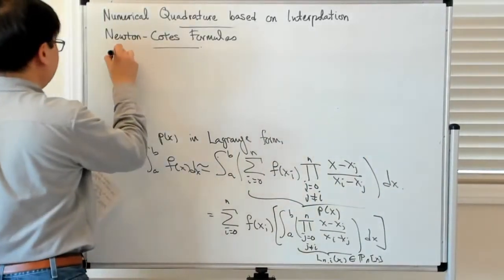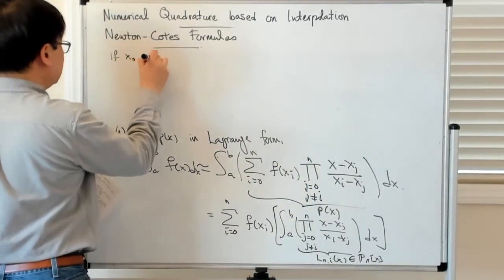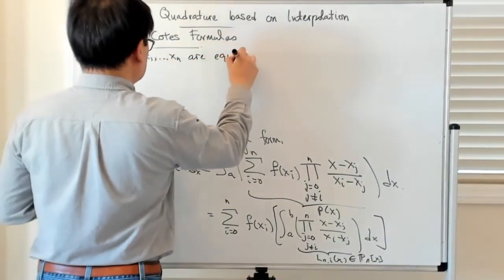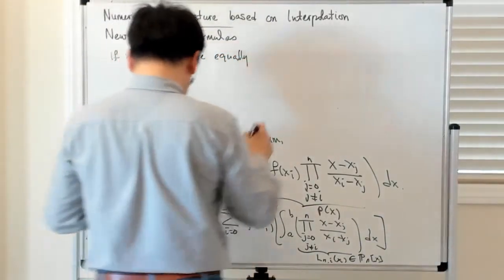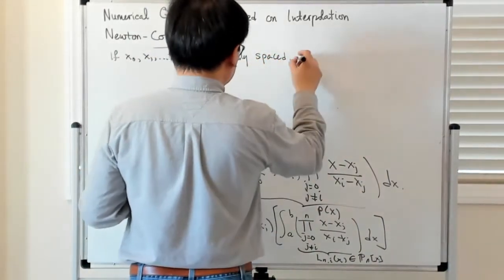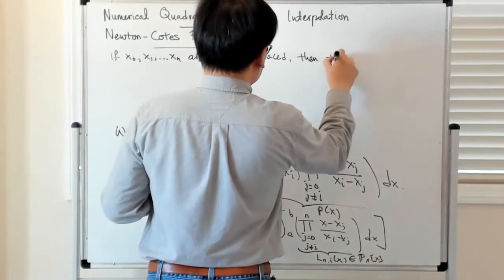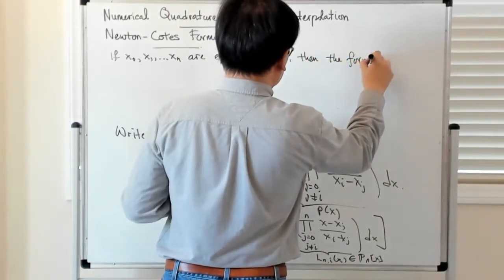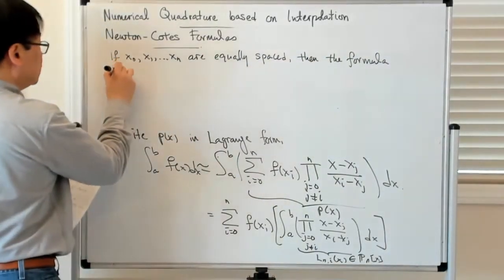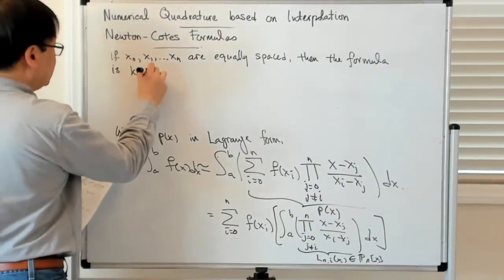So if x0, x1 to xn are equally spaced, this formula here is known as the Newton-Cotes formula.